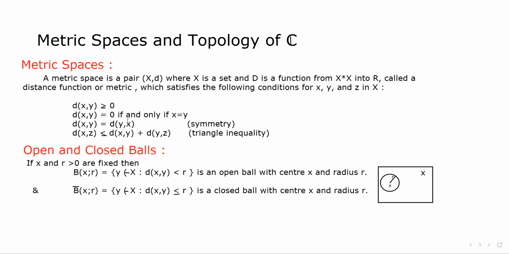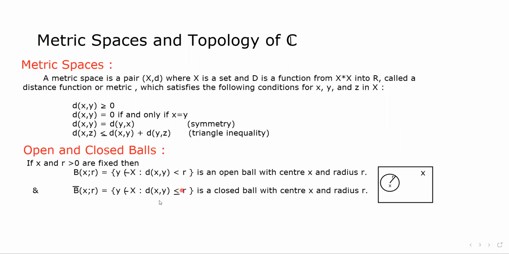Now we start with the open and closed balls. So if x and r greater than 0 are fixed, then B(x,r) is equal to all y belongs to X such that d(x,y) is less than r, is an open ball with center x and radius r.